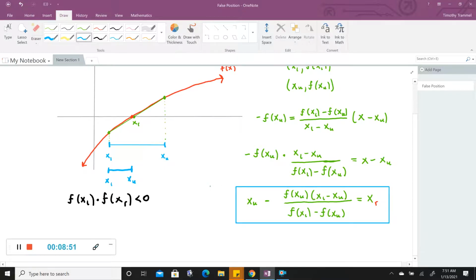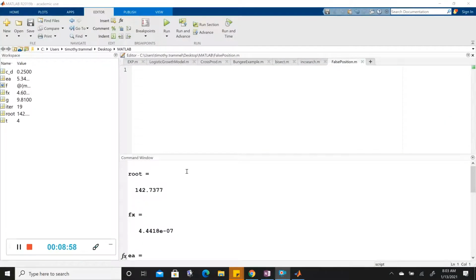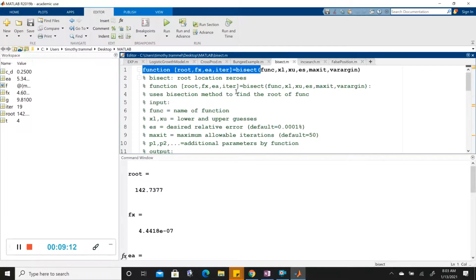All right, so what we'll do is we'll switch over to MATLAB and we'll make this quick edit. We are in MATLAB now, as you can see, and I've already saved this file as false position because that's what I'm going to name the function. But let's just go over to our bisect function.